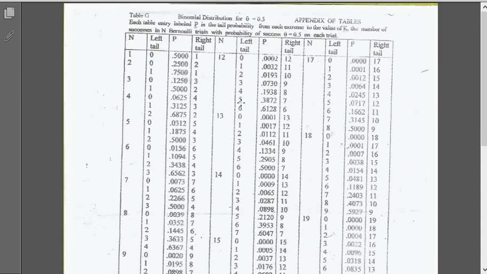If you take alpha equal to 0.05, then alpha by 2 is 0.025. We cannot find exact 0.025. Sometimes it may be there, but otherwise we approximate it. We take the value which is closest to 0.05.